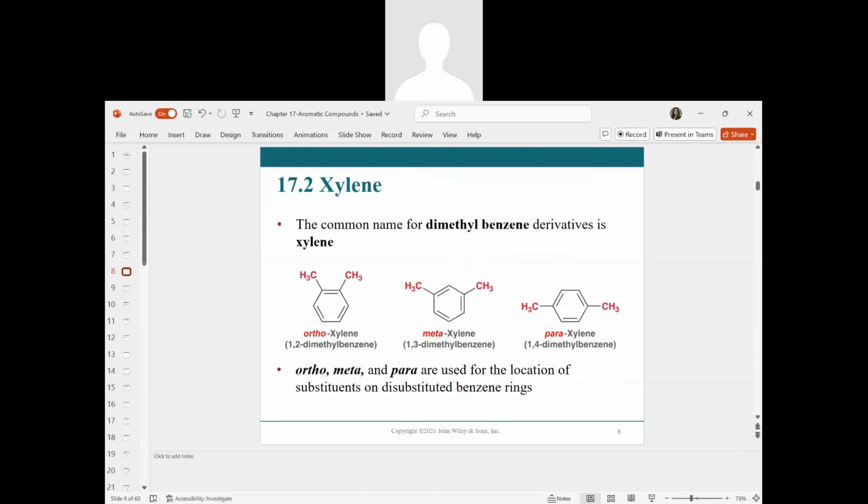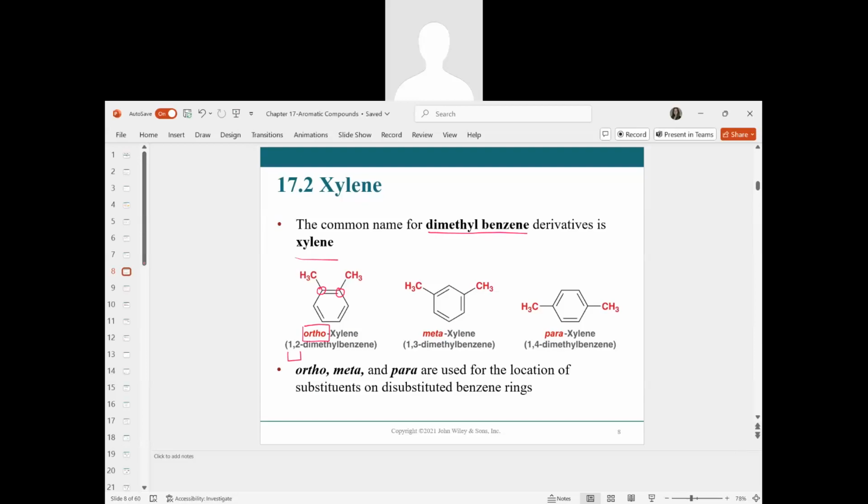This structure here is again a specific benzene derivative. This is a dimethylbenzene. We have 2 substituents, and these are referred to as xylene. If we have both of these substituents next to one another in a 1,2 carbon fashion, this will be 1,2-dimethylbenzene, or we could use the clarifier ortho to represent these 2 substituents' placements on the benzene ring.